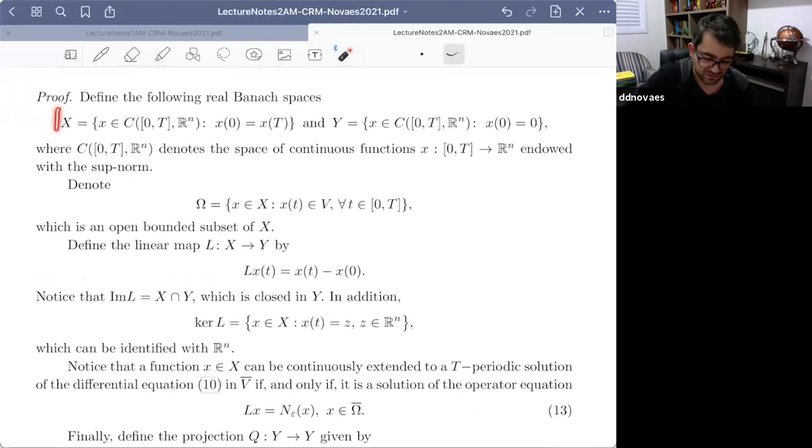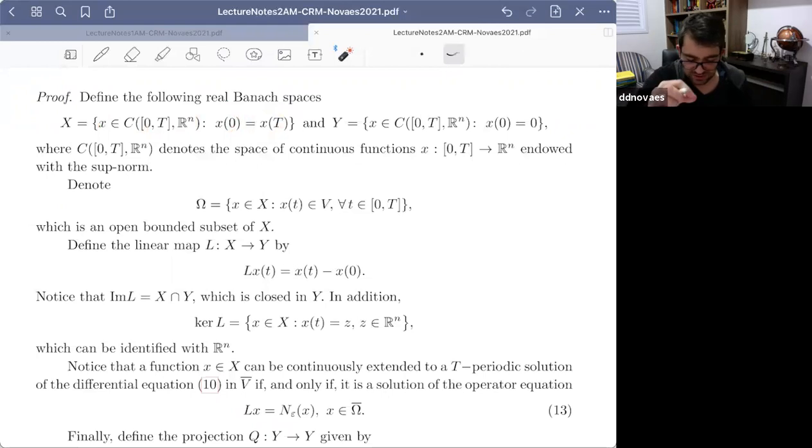So we define X as being the Banach space of continuous functions defined on [0,T] with image in R^n, such that x of 0 and x of T coincide.